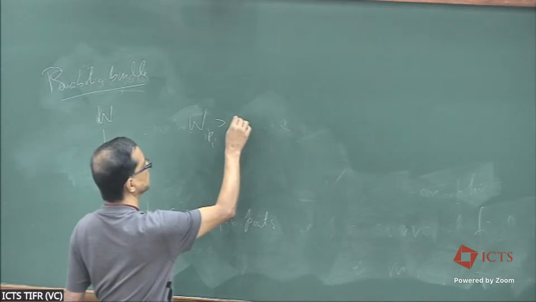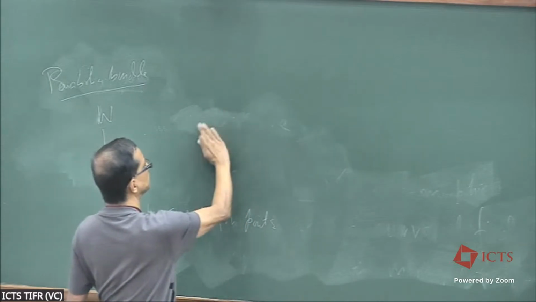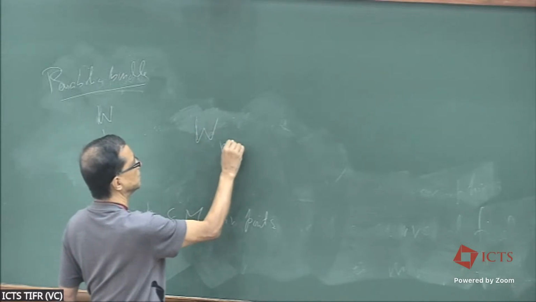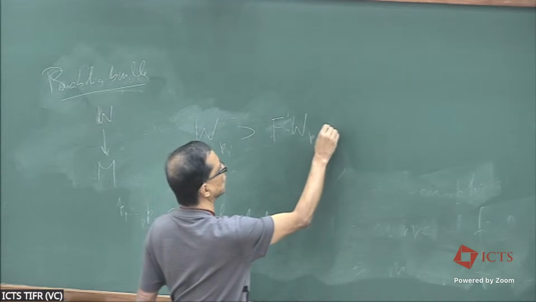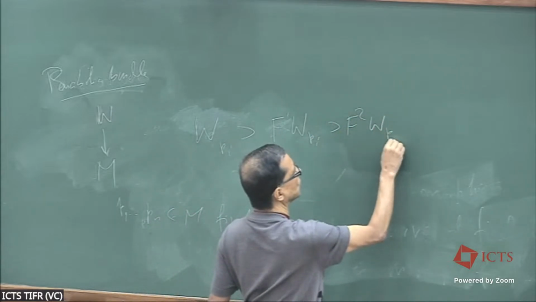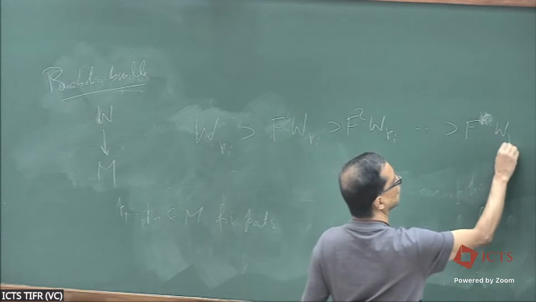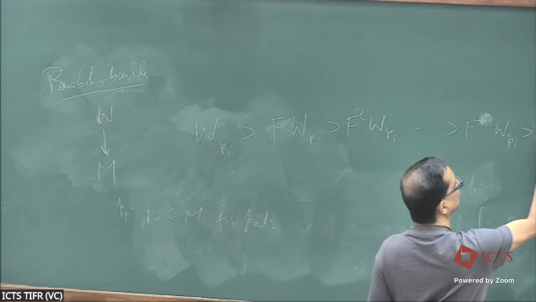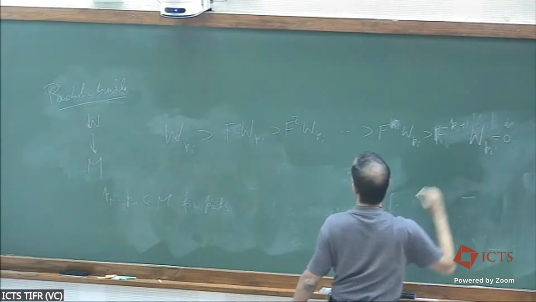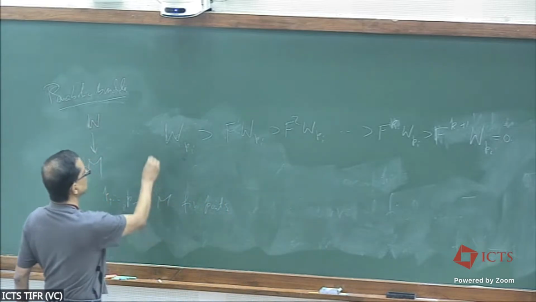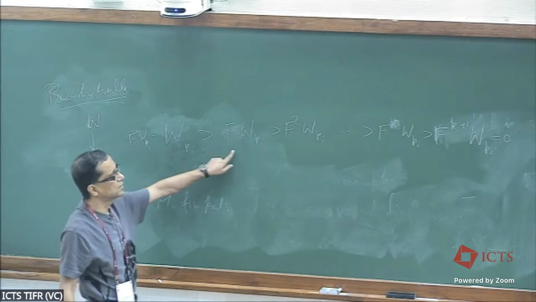It has a filtration. I call this F naught of W at Pi. So I take the fiber of W over Pi and have a filtration of subspaces.